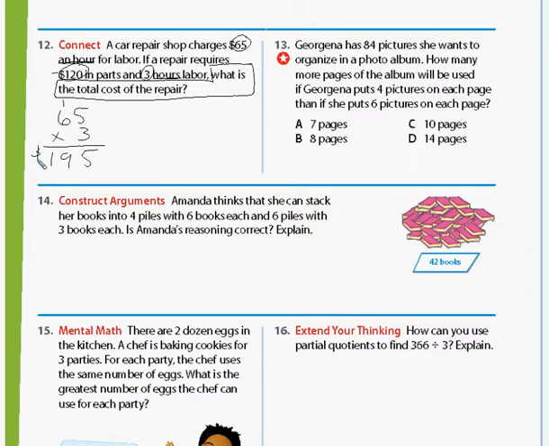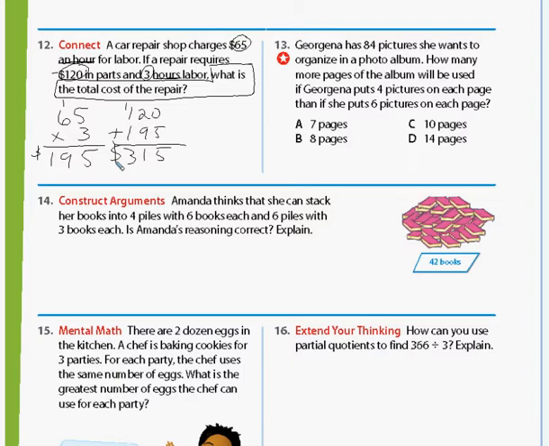And we want to add that to our $120 in parts. We're trying to find out the total to repair the car. 5 plus 0 is 5. 9 plus 2 is 11. Carry my 1. And 1 plus 1 plus 1 is 3. So that's $315 to repair the car.